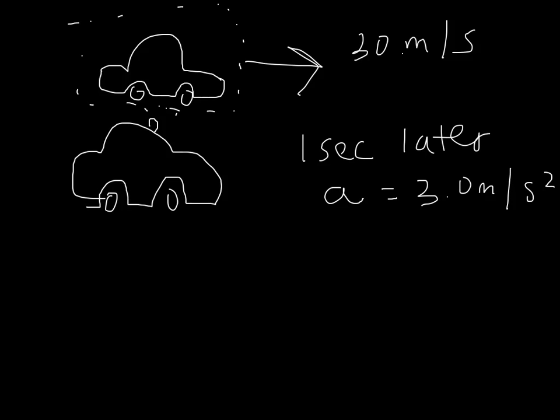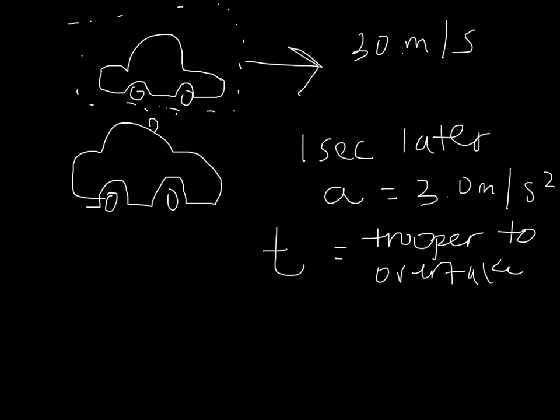So remember, that's meters per second per second. And what it asks is how long, what is the time that it takes for the trooper to overtake that speed demon.